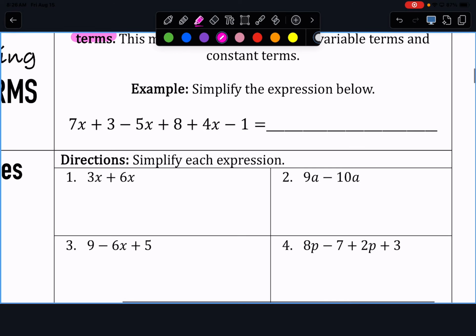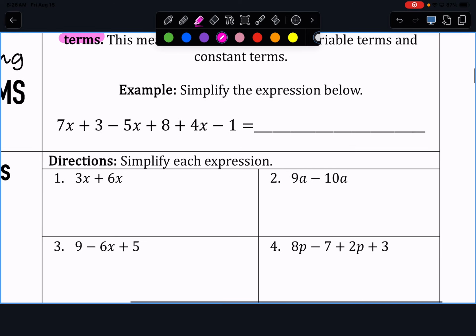So we said what were our variable terms? And are those 3 variable terms like terms? Yes. So if we combine those, what is 7x minus 5x? 2x. What is 2x plus 4x? 6x.